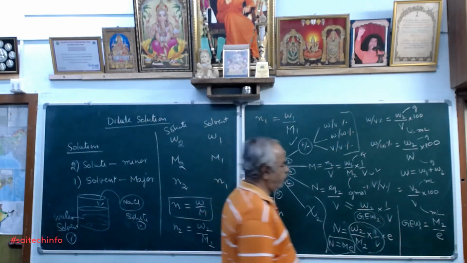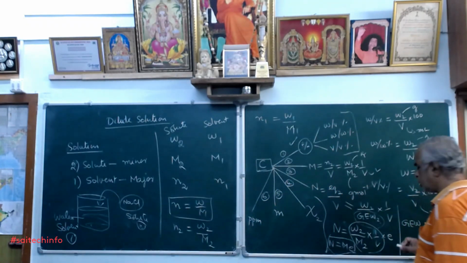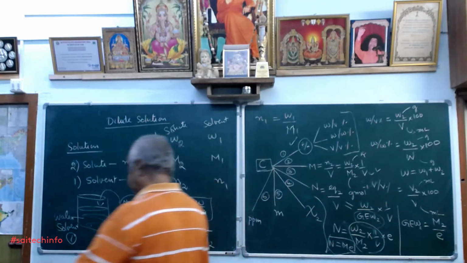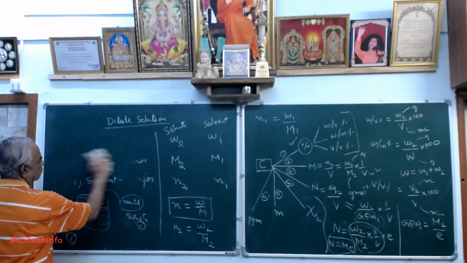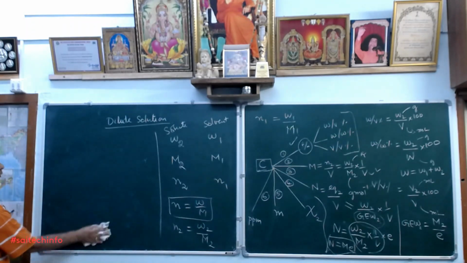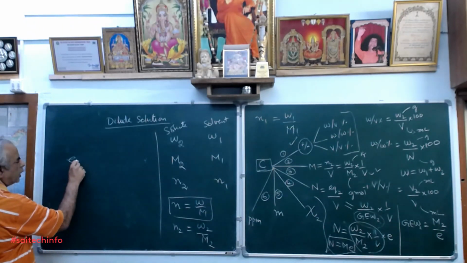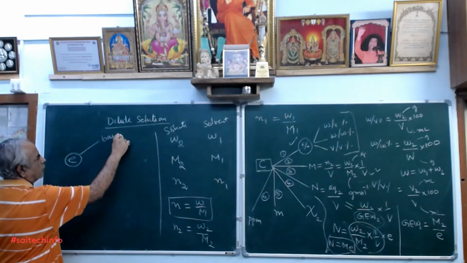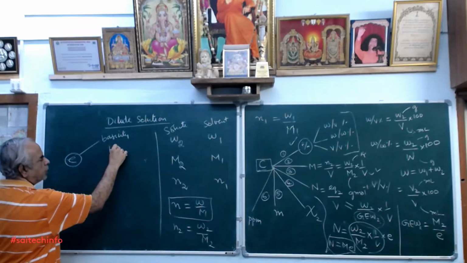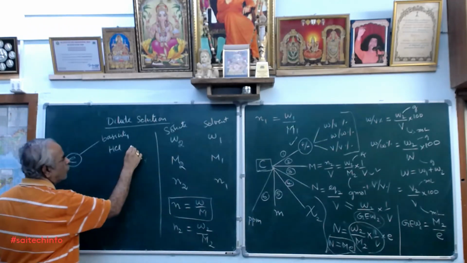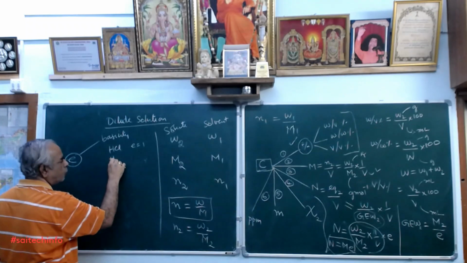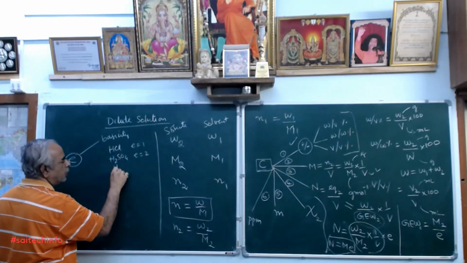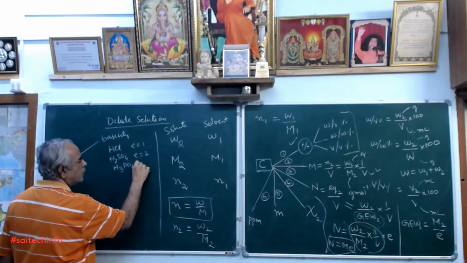This valency factor, as far as an acid is concerned, is called basicity. For example, HCl: what is the valency factor? 1. H2SO4: what is the valency factor? 2. Phosphoric acid, H3PO4: the valency factor is 3.